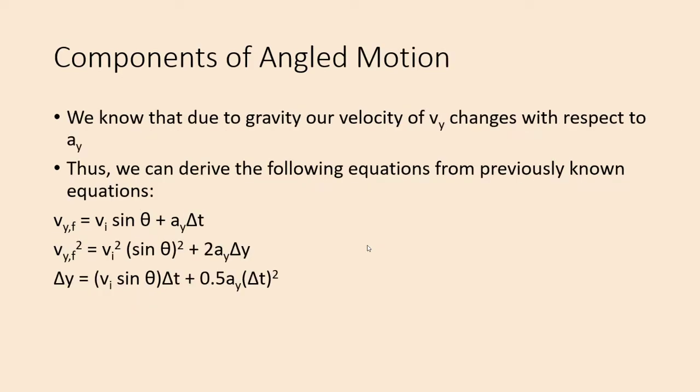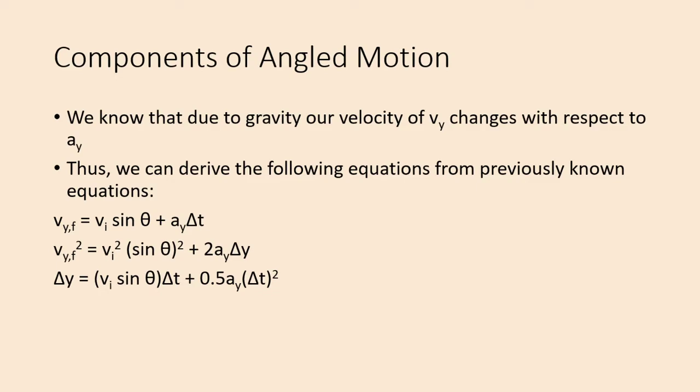We also know that due to gravity, we would expect this object to fall. In this case, we're going to call the acceleration due to gravity a sub y. Thus, we can look at previous known equations and derive equations for the situation. Our final vy equals vi sine theta plus ay delta t.